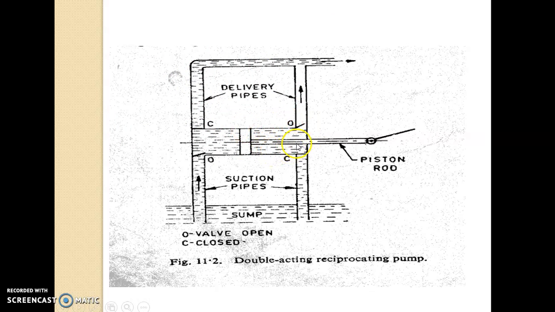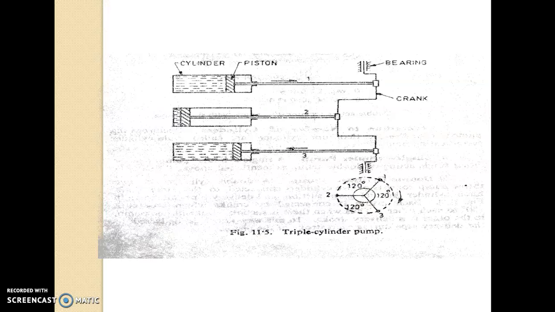through this side. So discharge through this side will be how much? That will be area of the cylinder minus the area of this piston rod, because this is the area which is coming in between, and the rest remains the same. So area of the cylinder minus area of the piston rod multiplied by L multiplied by N divided by 60.